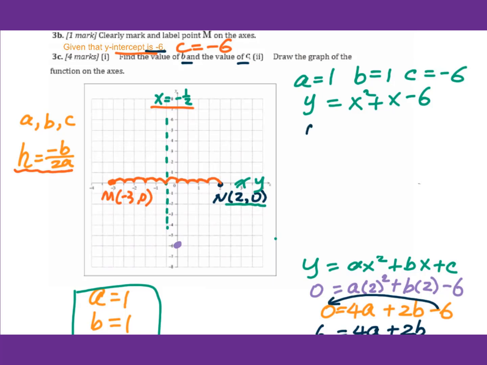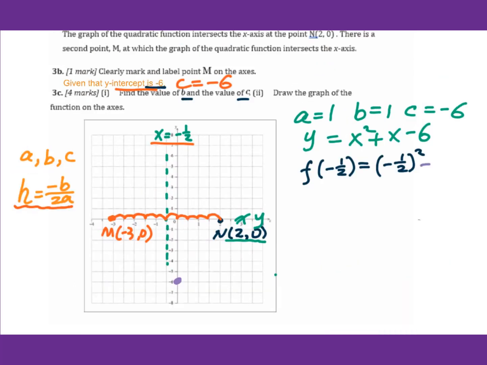Therefore, for f of negative 1/2, you will get negative 1/2 squared plus negative 1/2 minus 6. You will get negative 25 over 4, which means negative 6.25.